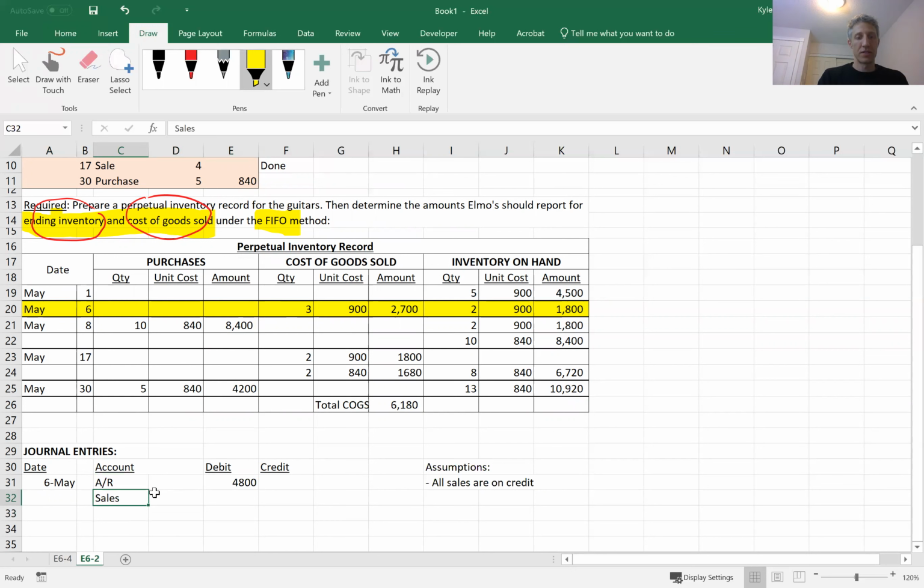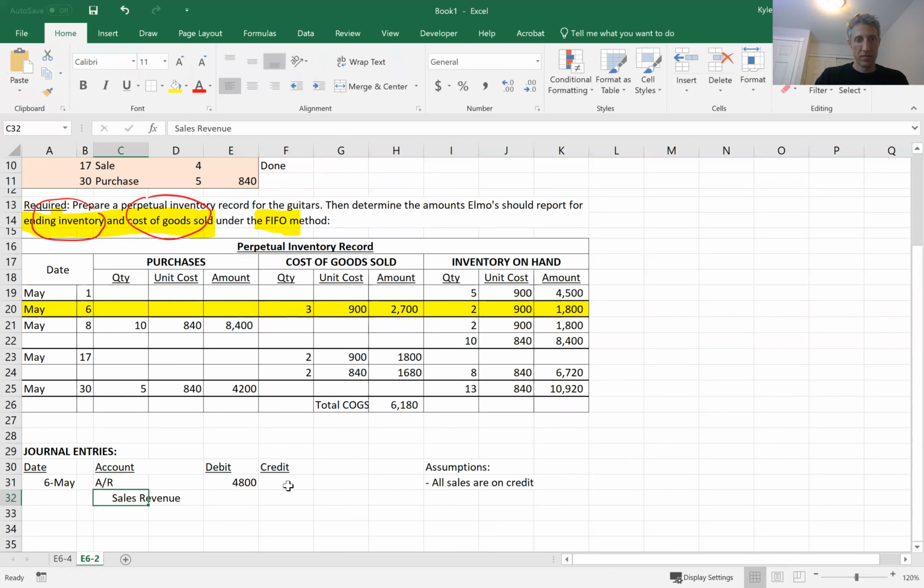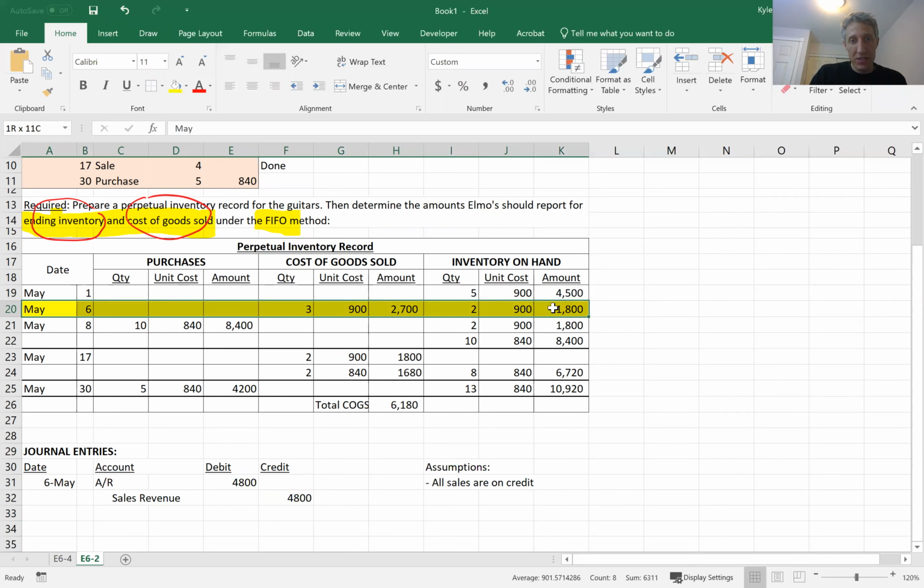The other side of this transaction, of course, is sales revenue, $4,800 to balance out my transaction. But this is only half of the journal entry. The other half, of course, is to actually do what we calculated on May 6th in this schedule.